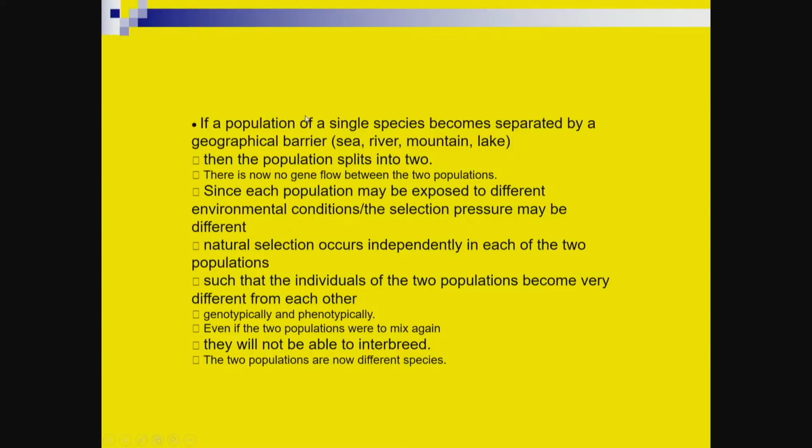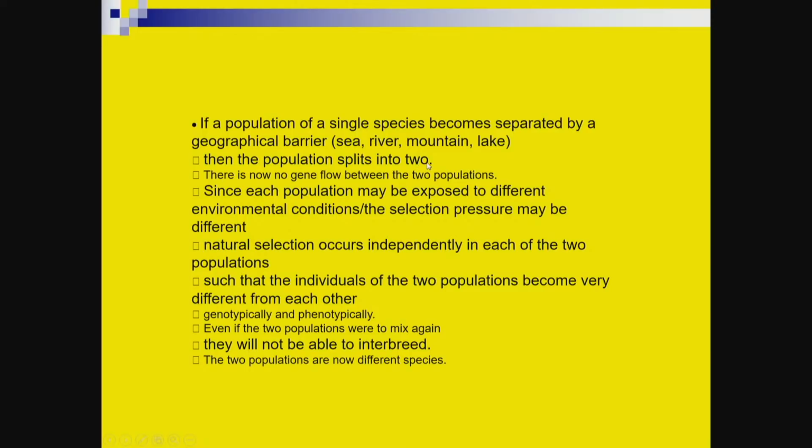But you have to state the original population, or the single species. Remember, speciation started from a population of a single species, not just a population, and you state what the example is. Then the population is split into 2.